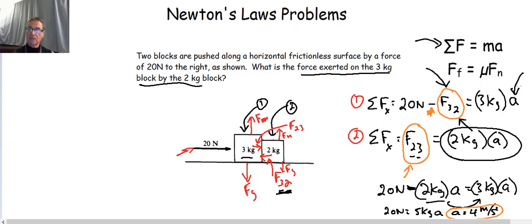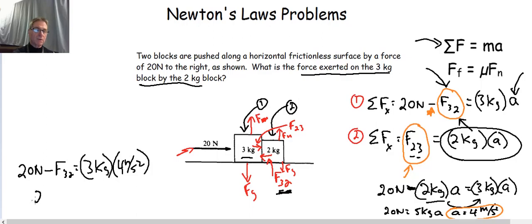So I'm going to go over to the left-hand side of the screen here. Say that 20 newtons, all right, minus F32, okay, is equal to 3 kilograms times A. Well, A is now 4 meters per second squared, so 20 newtons minus F32 is equal to 12 newtons.